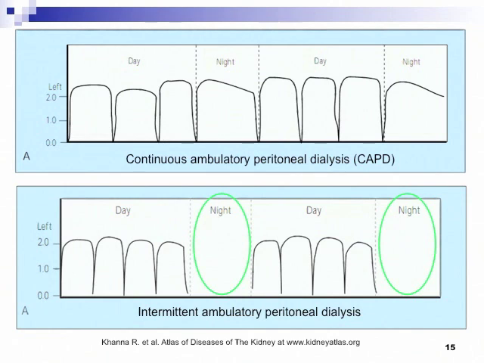Even with peritoneal dialysis, we have different kinds. One is continuous ambulatory peritoneal dialysis, and one is intermittent. The intermittent is at night. We don't do the dialysis, but during the daytime, we make it more frequent.